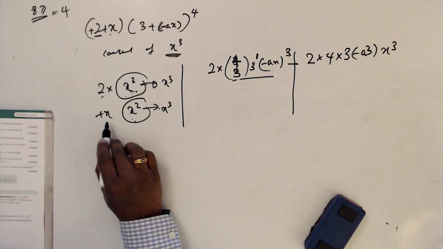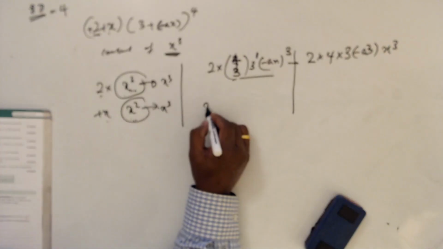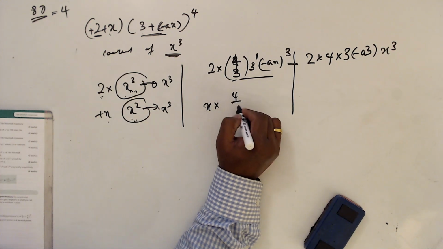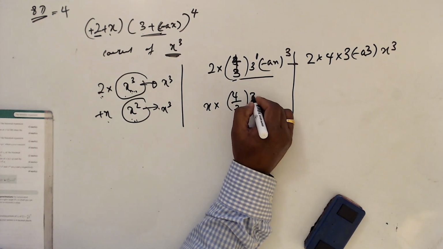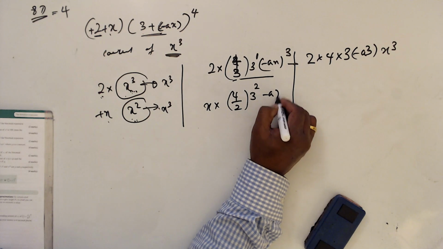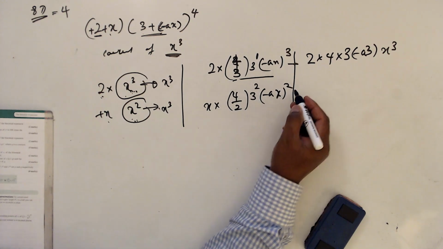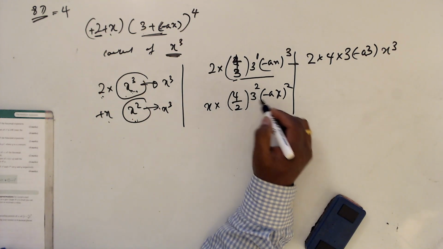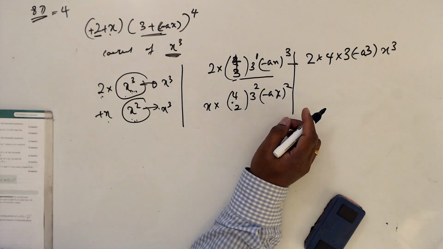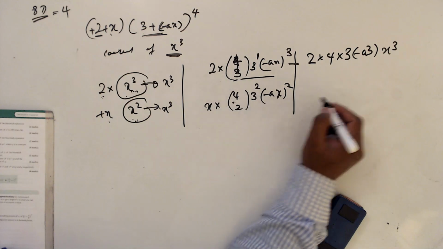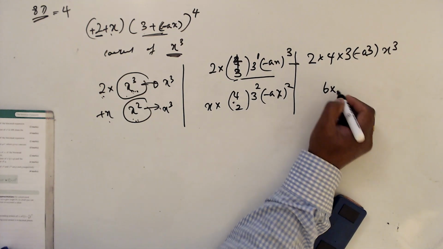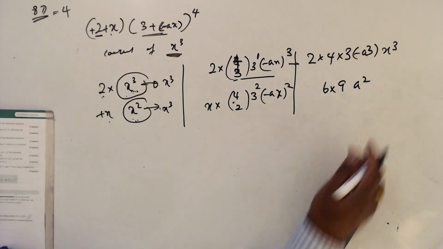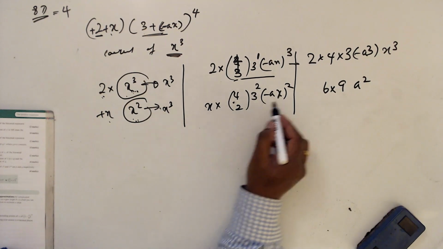Then x times x square. So the x term, when you multiply the x square term, how do you write? 4 to 3 square minus a x square. This is 6, and this is 9, and this is a square, and this is going to be x cube.